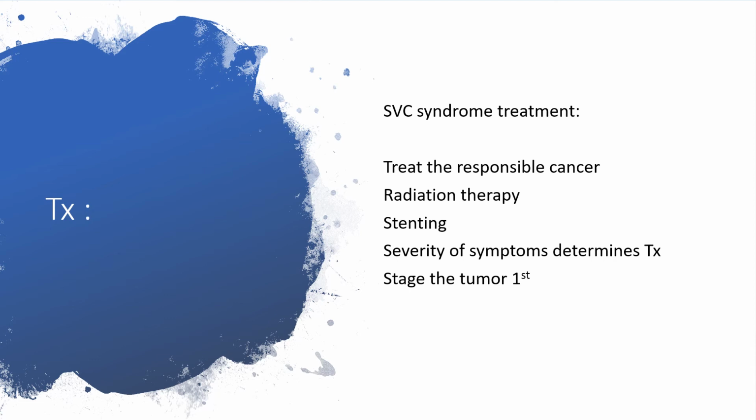We have to stage the superior vena cava syndrome itself, like I've just gone through, and also stage the tumor that is causing the problem. But it will be better to stage the tumor first, so that we'll know whether surgery will be helpful or not, or we'll just resign to fate and continue with chemotherapy and other palliative measures.